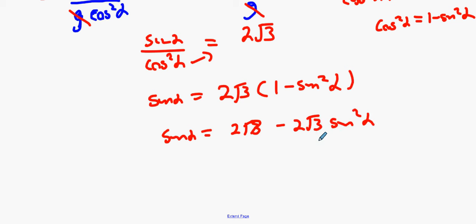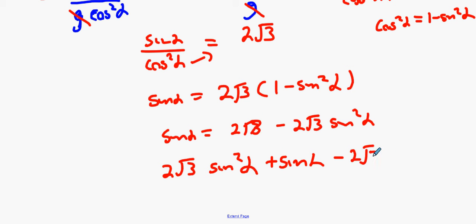Move it all to one side: 2 root 3 sine squared alpha plus sine alpha minus 2 root 3 equals 0. Did anybody do that last night? Did you do a quadratic? You do the minus b formula, yeah? And when you do the minus b formula, what are your two answers?